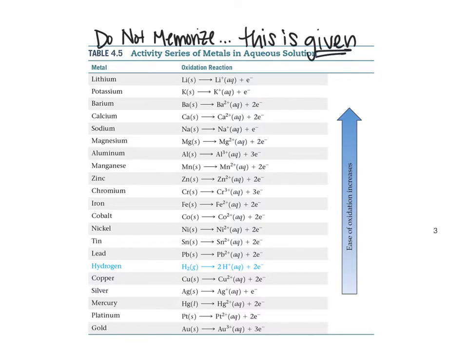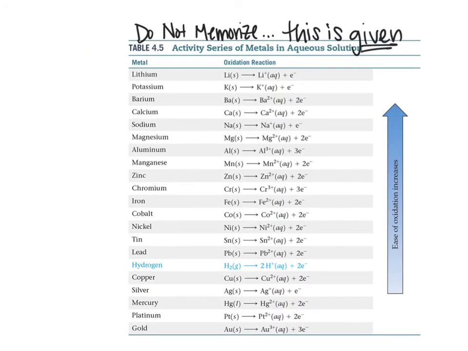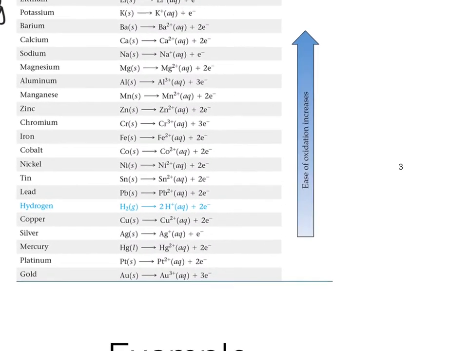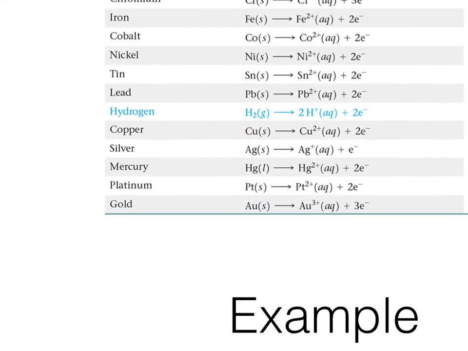And so we can see that up here, we have strongly reducing metals. Down here, we know that if you were to buy expensive jewelry, it would likely be made of silver, platinum, and gold.